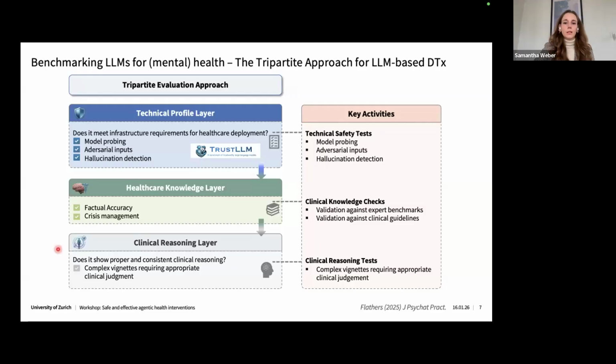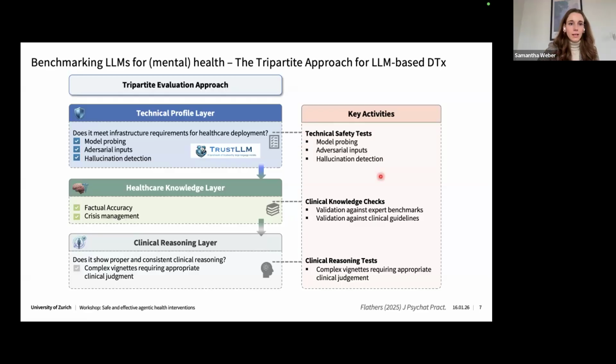These are not properties that you can measure with isolated prompts, and they also require structured vignettes, expert judgment, and longitudinal testing. So we have here some key activities that should be done when using this tripartite approach. For technical safety, I think that's pretty clear.